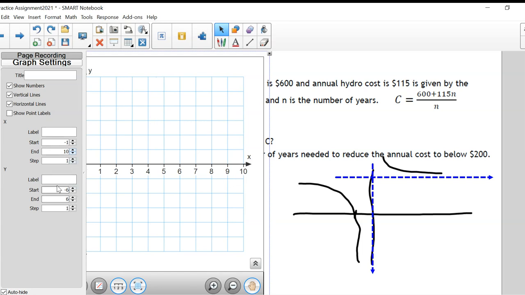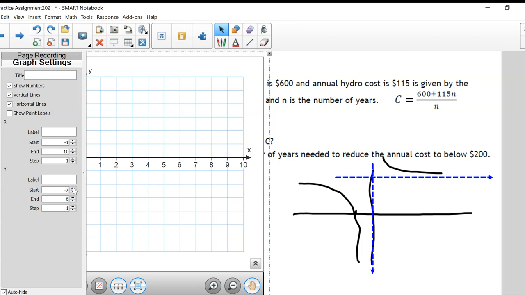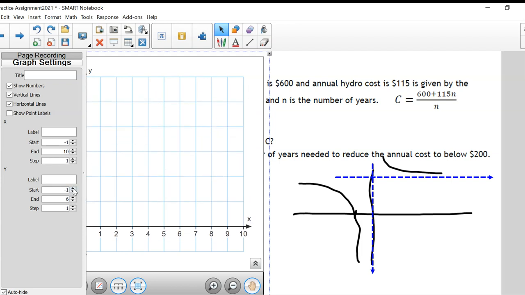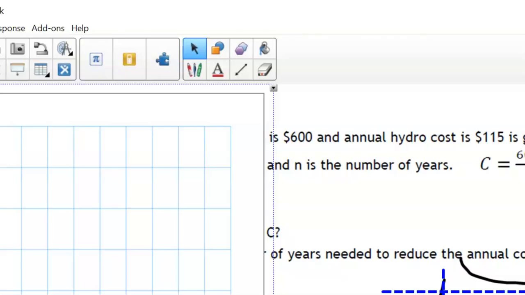But on the other axis, I need to go up at least to 115, because that's where my horizontal asymptote is. I don't really need much of this axis, so we'll go to -1, and then we're going to go all the way up to about 200, because we need the graph to go quite a bit on that axis.